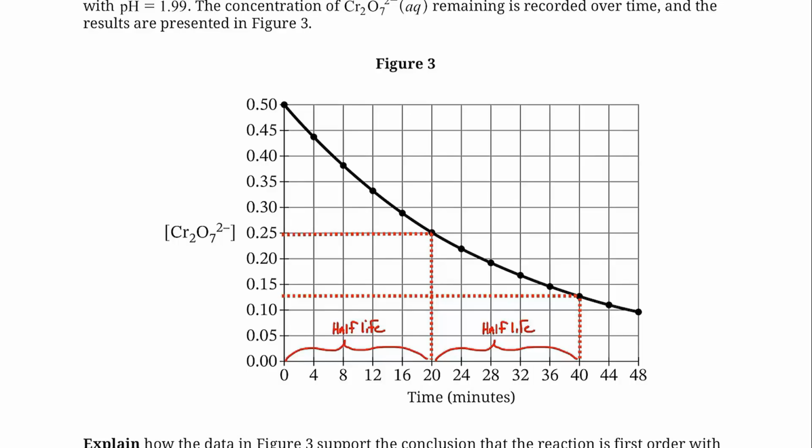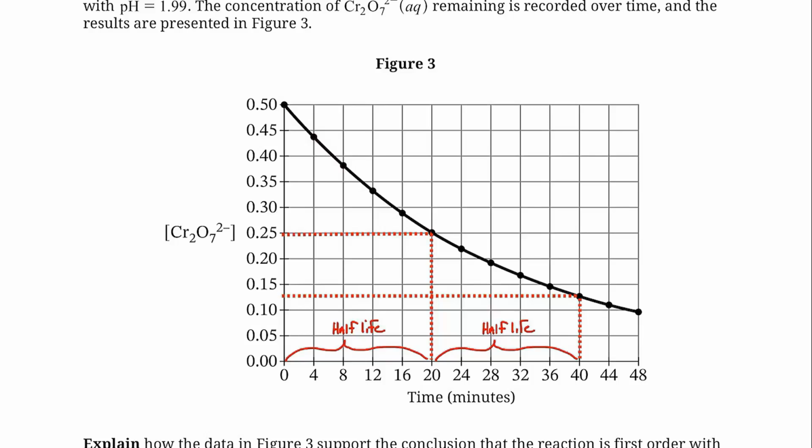We know it's not zero order, because for zero order we would have a straight line if I could draw one, because as you run out of something, it doesn't affect the rate. Remember, the rate is the change in concentration over time, and that would be constant for a zero order. So it's not zero order, okay?